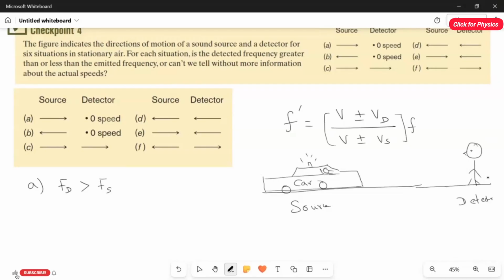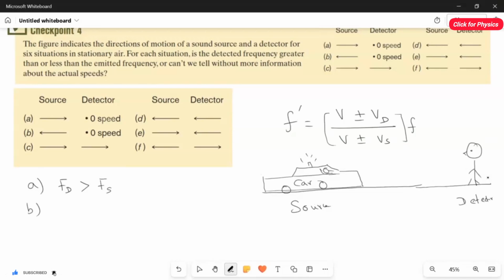Let's come to the second part. The source is moving away from the stationary detector. Let's consider the detector is at rest and the police car is moving in the leftward direction. When the police car is moving away from the detector, what frequency will he detect? He will detect a lower frequency.